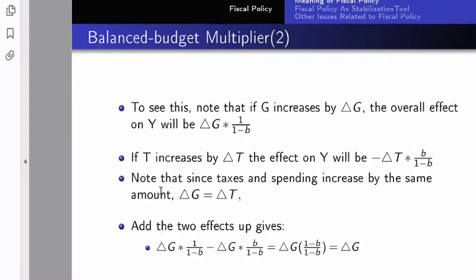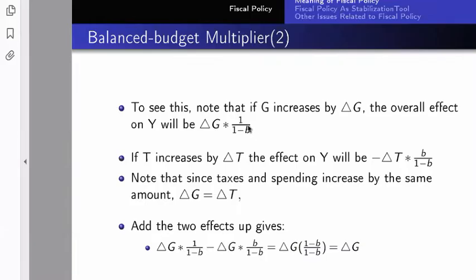All right. So don't forget, when we're doing the balanced budget multiplier, we said that G and T should change by an equal amount. So we'll make that assumption that change in G is the same as change in T. So we are going to change this thing to change in G, and that is what we see here.